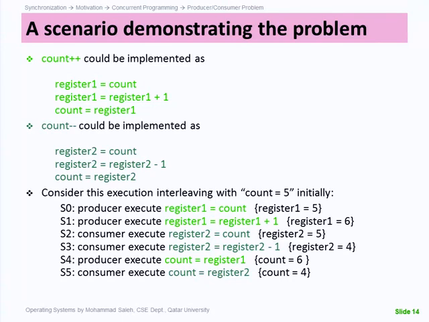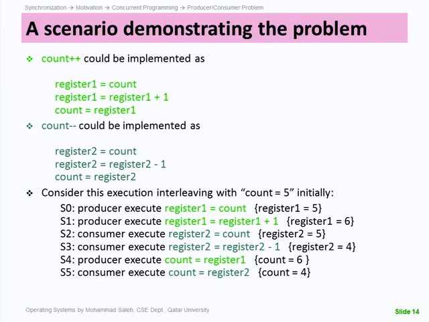Now producer resumes, and will save the value of register 1 in count, resulting in count being 6. And then context switch, we have the consumer now resumes, saving the value of register 2 in count, so count is 4. So the final value is like this. For the producer, count is 6, and for the consumer, count is 4.